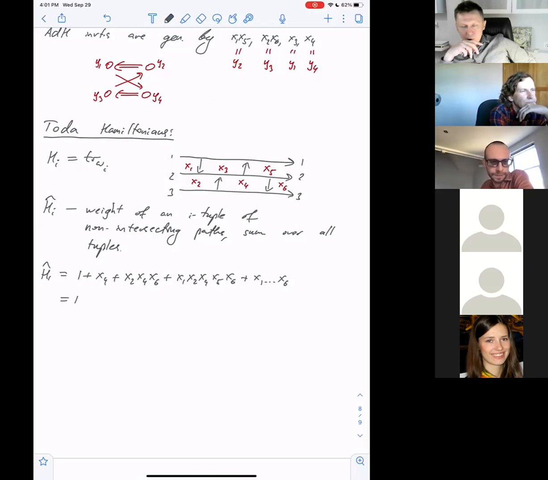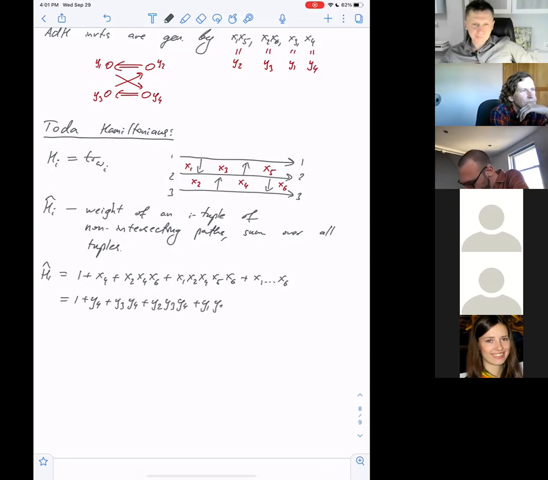So this will just become 1 plus y4 plus y3 y4 plus y2 y3 y4 plus y1 y2 y3 y4. And you can notice that it's kind of this telescopic sum that actually has a very precise meaning. But again, let me just mention that it is there, and we can discuss it later.